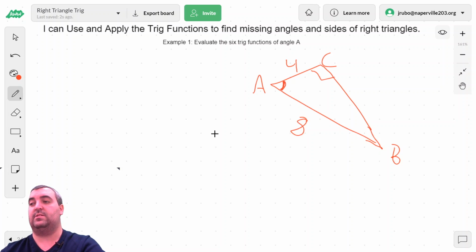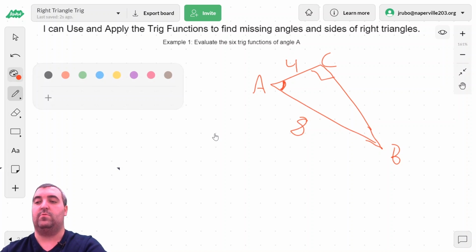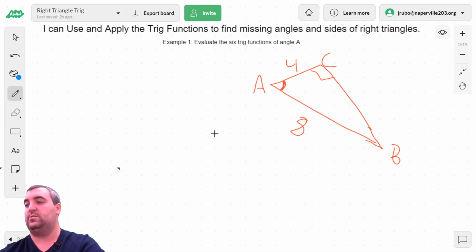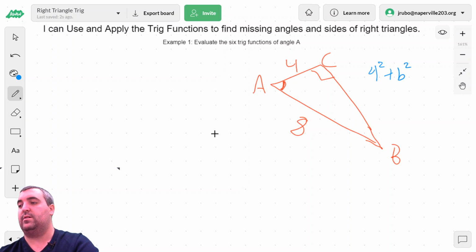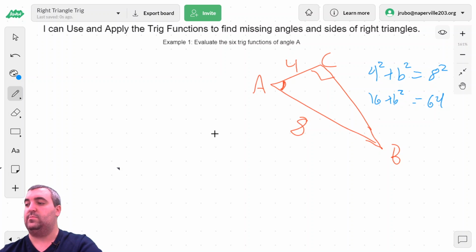To find the third side, that's why we reviewed it, we're doing a little Pythagorean theorem. You would set it up as 4 squared plus b squared equals 8 squared. So 64 there, 16 here, subtract it over, you get 48, and you get square root of 48, which breaks down to square root of 16 times square root of 3.